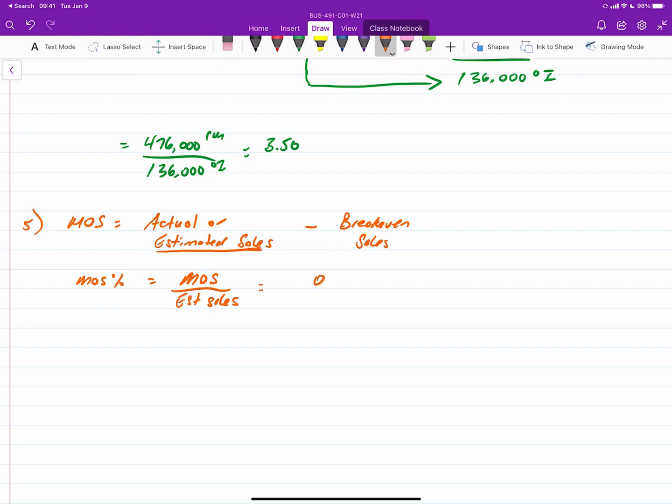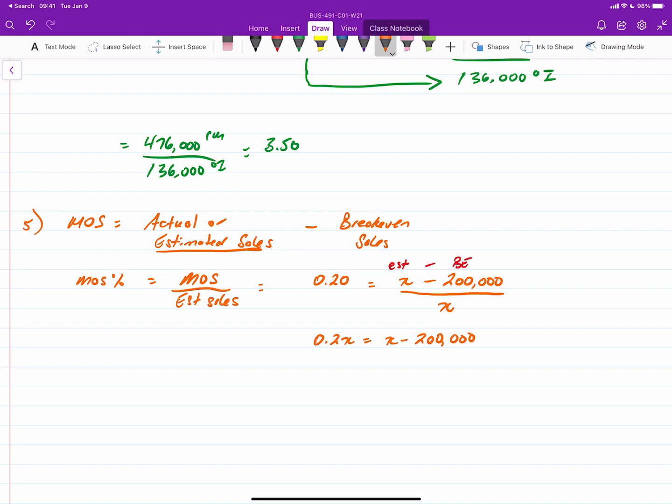Since we know that 0.2 or 20% is equal to X, we'll call the estimated sales X, which is what we don't know, minus the 200,000 break-even sales that we already calculated, divided by X. Right? So we have the estimated sales in both the numerator and the denominator. So then 0.2x is equal to x minus 200,000.